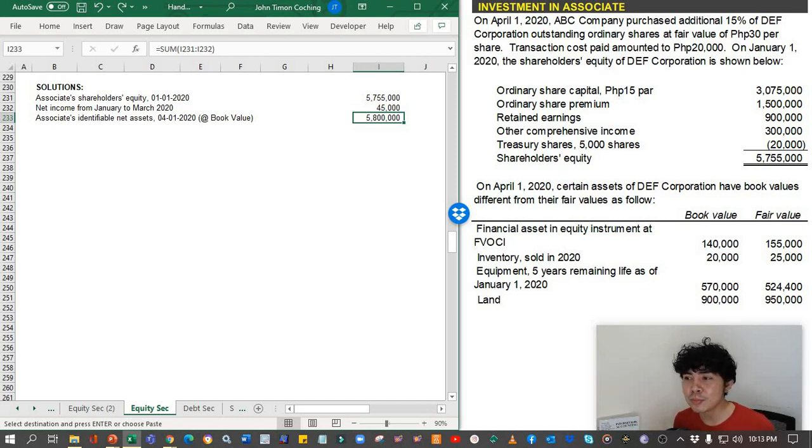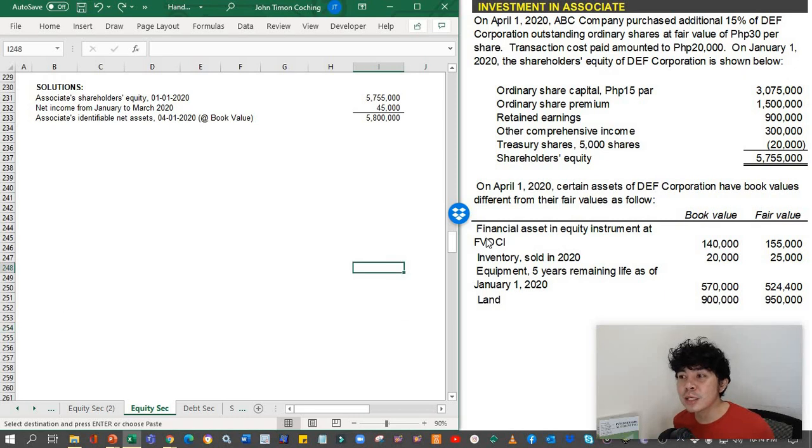So, walang problema doon. Ang may problema lang tayo is yung mga assets and liabilities na magkaiba ang book value sa fair value. At kung titingnan natin, lahat ito ay assets. It means, yung lahat ng liabilities natin, yung book value nila, pareha sa fair value.